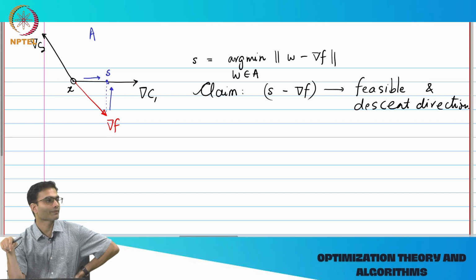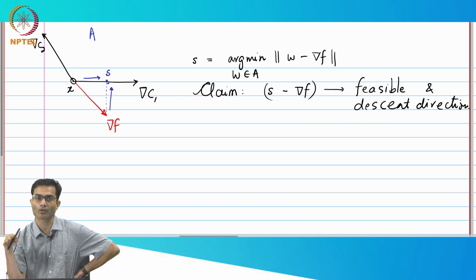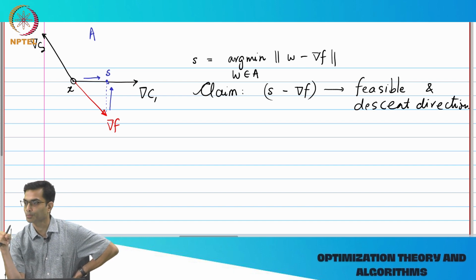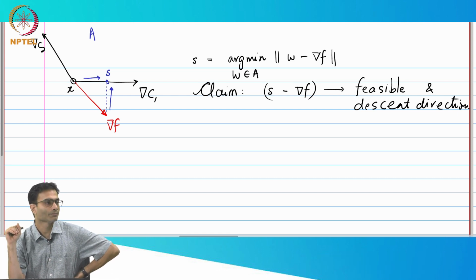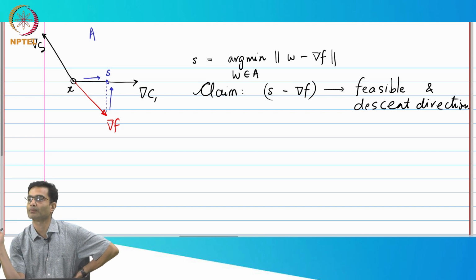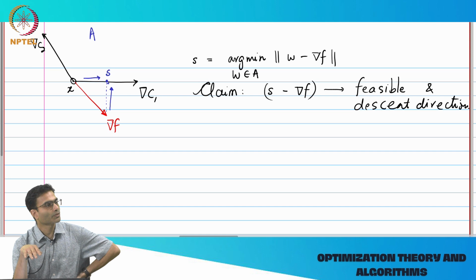Is that somehow being violated? Right? It is being violated because I have found a direction in which if I go, not only do I continue to be feasible, but I also descend, meaning improve the f. That means x is not a local minima. Therefore, the rest of the theorem doesn't hold. Therefore, the contradiction is there. Therefore, grad f must belong to the cone.